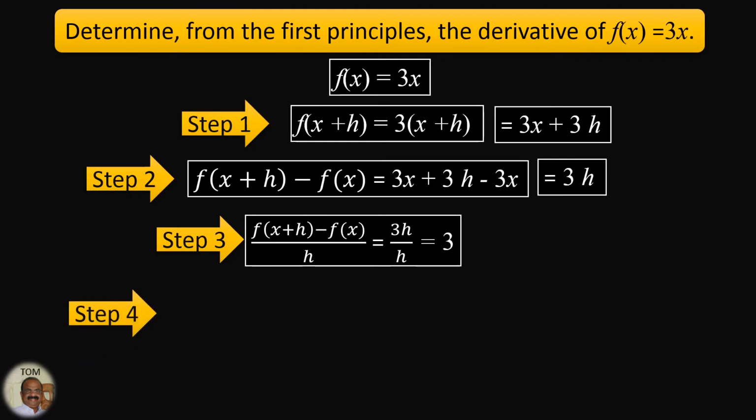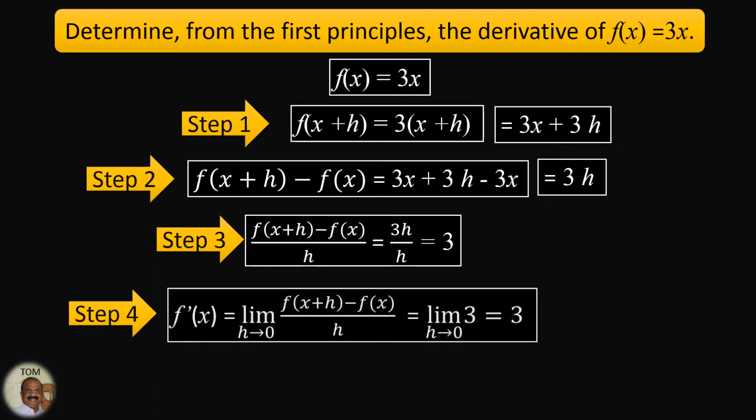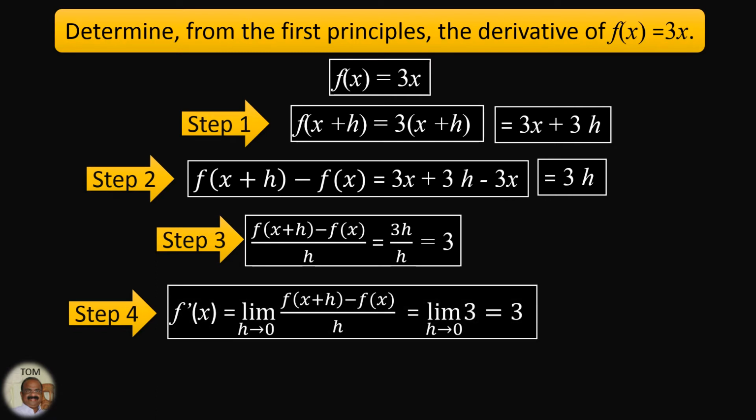Now the final step. We introduce our first principle, the definition of f dash x. F dash x equal to limit h approaches 0, f of x plus h minus f of x over h.